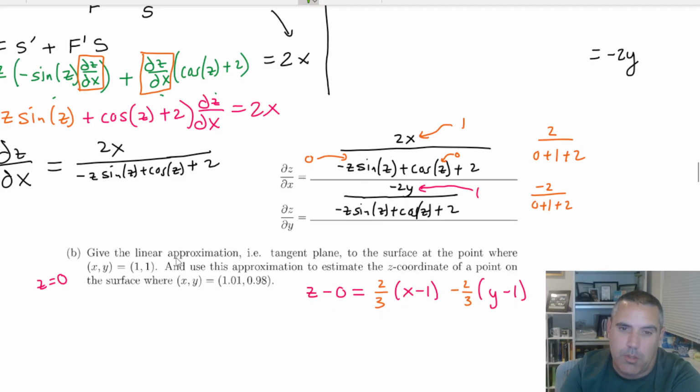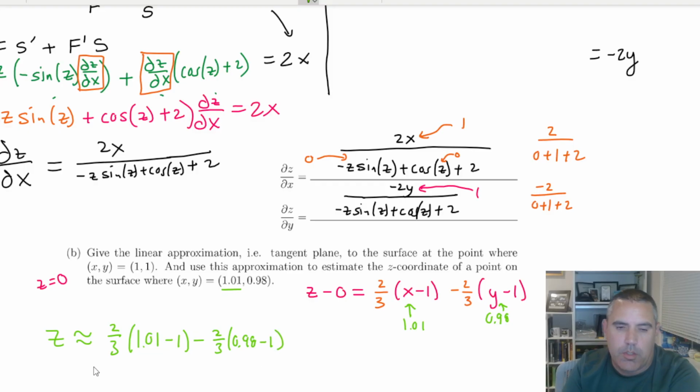At the end of the question, they're asking me to plug in 1.01 and 0.98. So I'm getting that z, the z you get from the function, would be approximately 2/3 of 1.01 minus 1, minus 2/3 of 0.98 minus 1. And then we're going to calculate that.